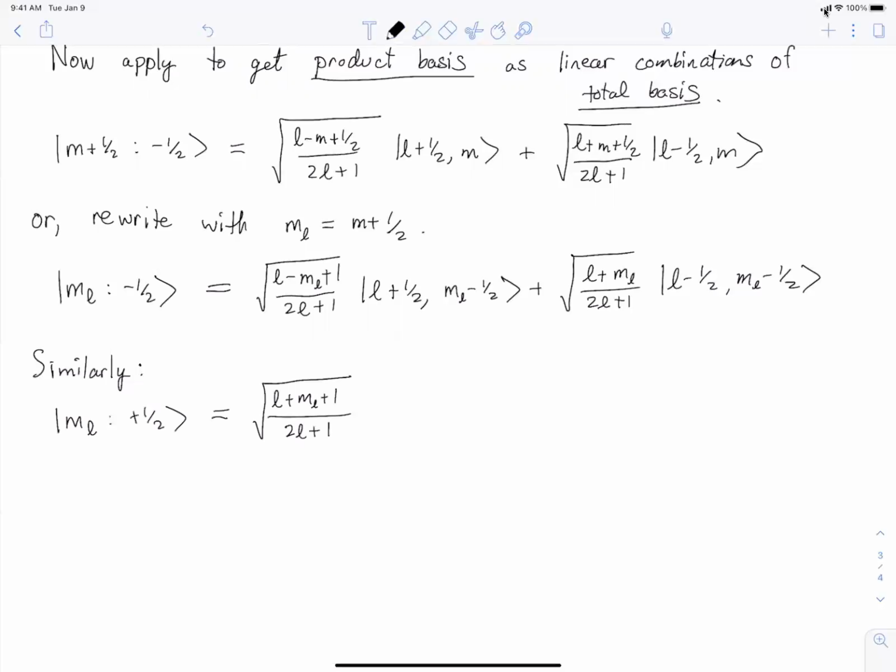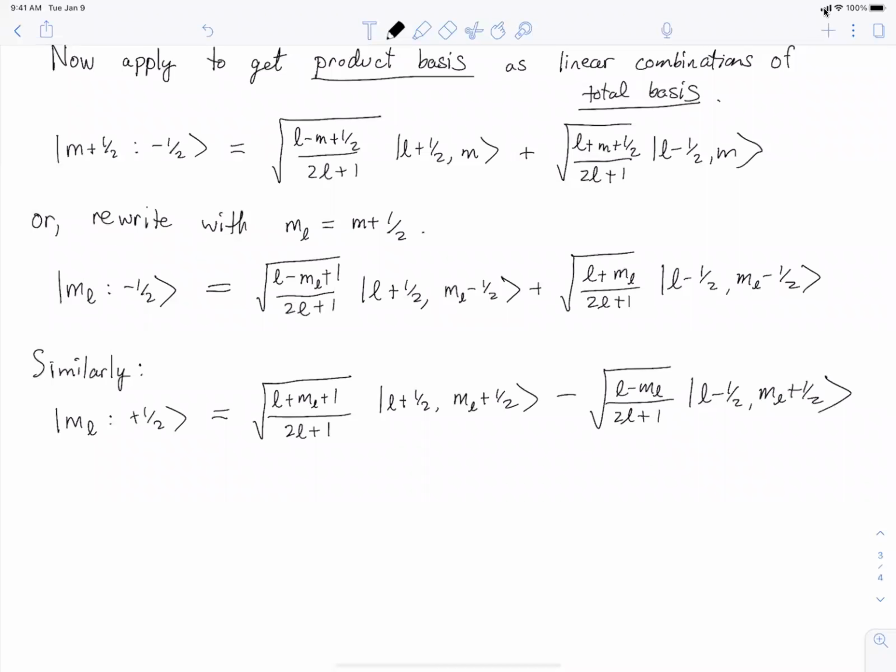There's always a square root of 2L plus 1 in the denominator. L plus 1/2, M sub L plus 1/2, minus sign, square root of L minus M sub L over 2L plus 1. Okay, so that's the linear combination.